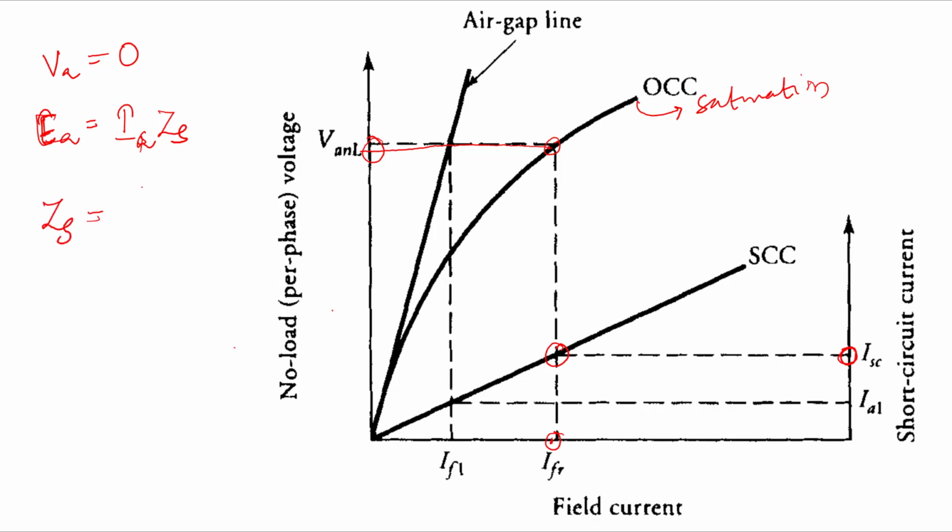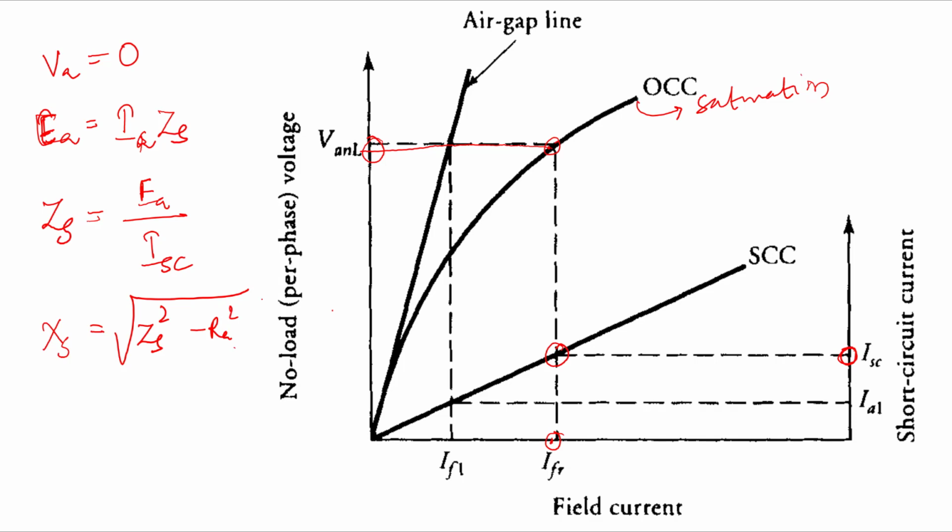So that means EA by ISC under this condition will give me ZS, right? Now after finding ZS, you can find XS as well, right? So I will find XS as the square root of ZS square minus RS square, right? So this will give me the parameters of the synchronous generator, RA, XS, ZS.